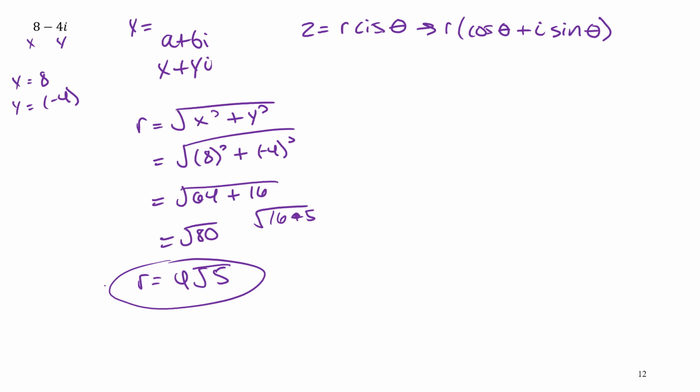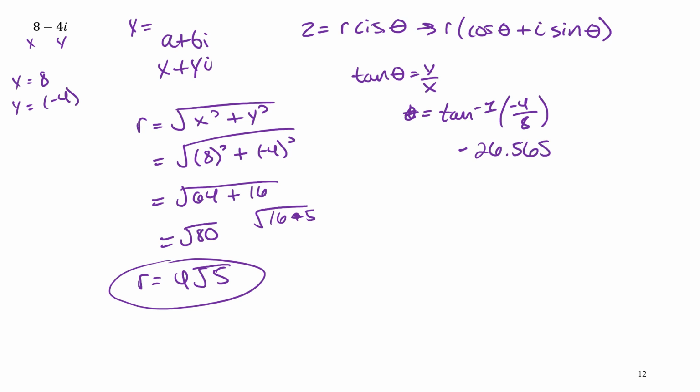And then looking at the theta, we know that tangent of theta is equal to y over x. So for this one, we get that theta is equal to tangent inverse of y over x, which is negative 4 over 8. Plugging that in your calculator, you'll get negative 26.565.